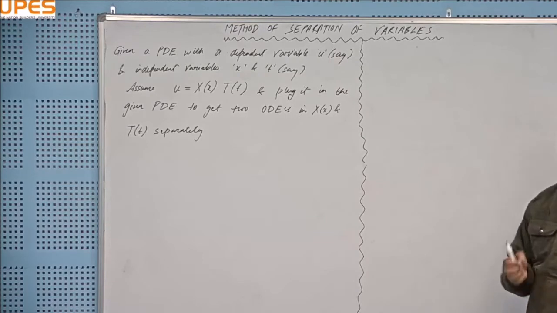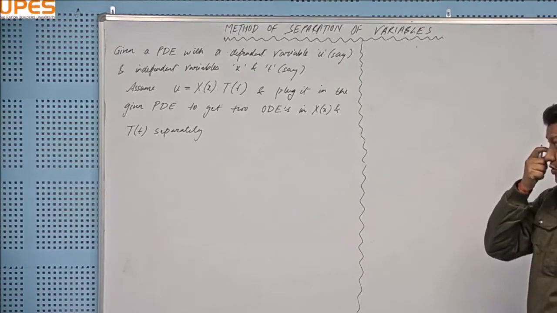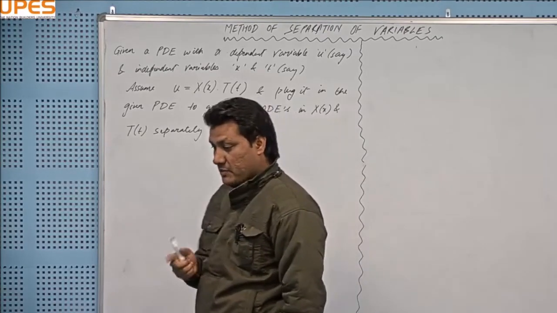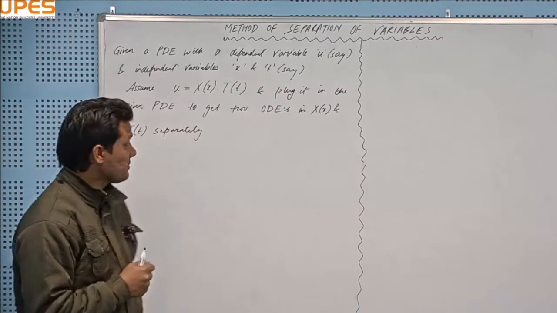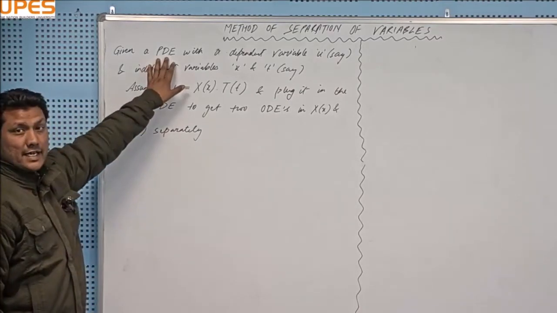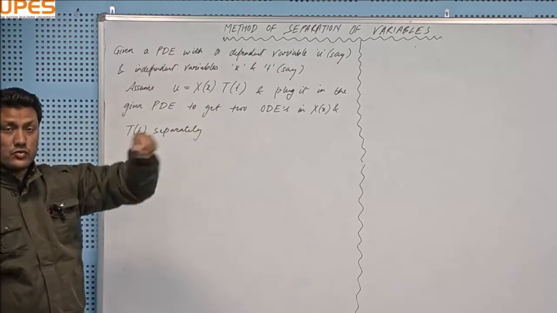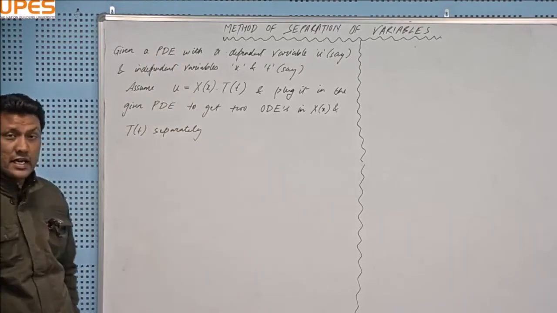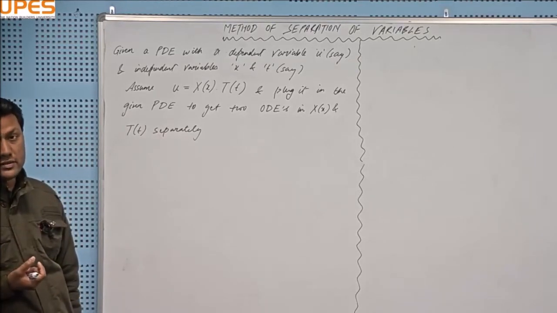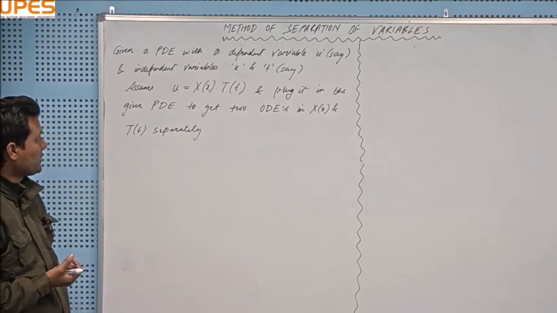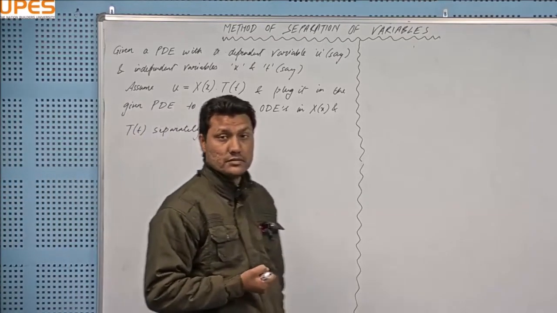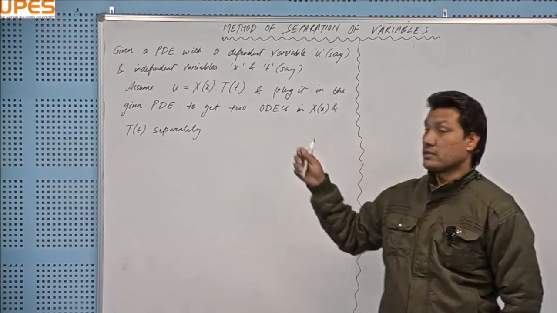And it has some limitations, and the reason is still not known when this method can be used. But at the moment I can tell you that this method can be used when the given PDE is a linear one. Linear means the degree of every derivative term should be equal to 1. And as long as the coefficients of the derivatives are constants, then you can use this method.